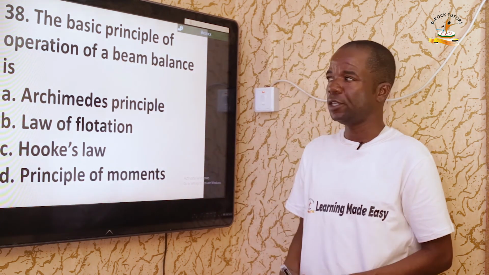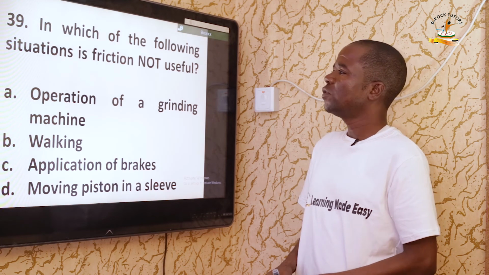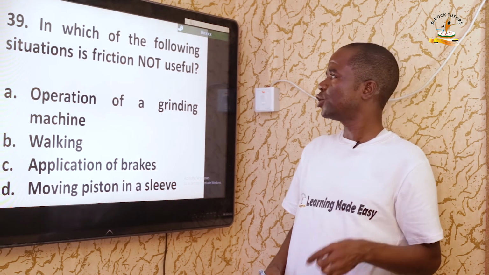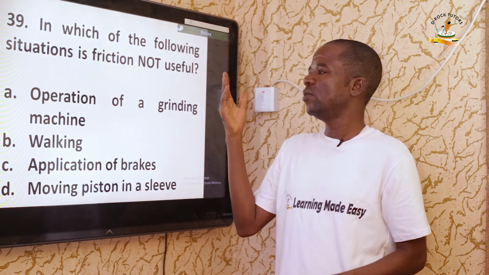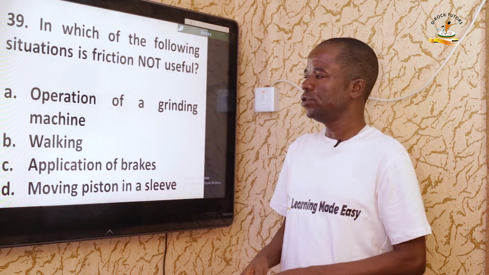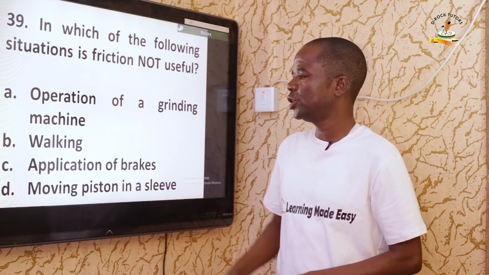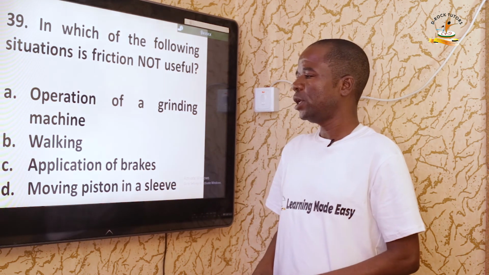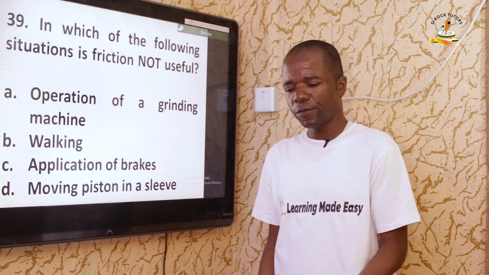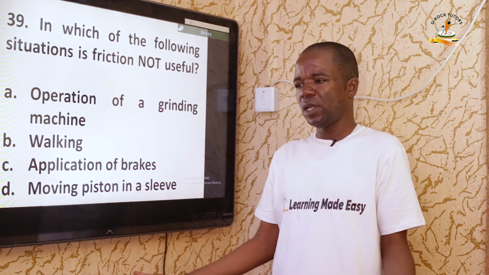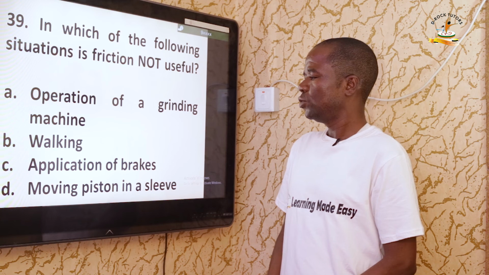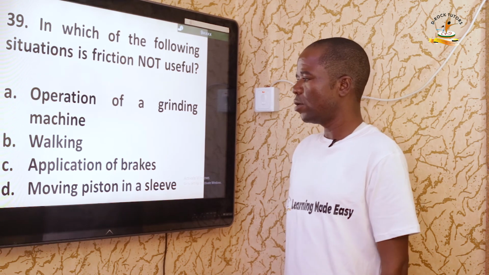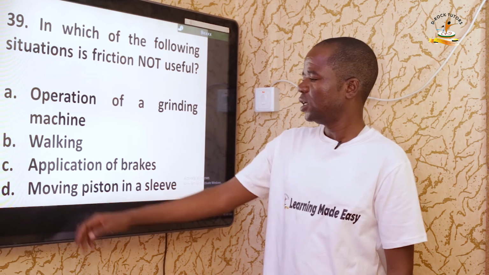Number 39. In which of the following situations is friction not useful? A, operation of a grinding machine. We know friction is very useful in the operation of a grinding machine. B, walking. Of course, friction prevents us from easily slipping and falling due to the excessive smoothness of the floor, as the case may be.